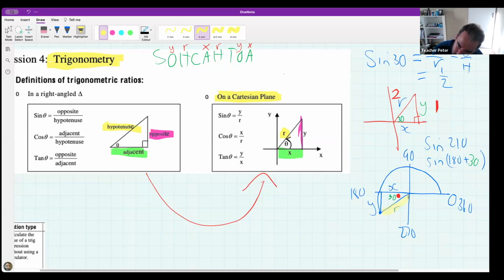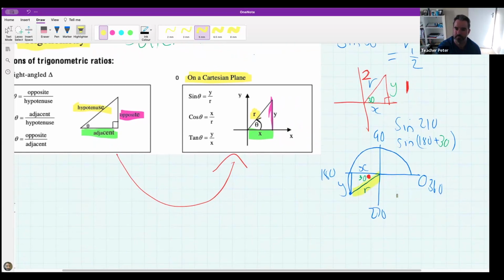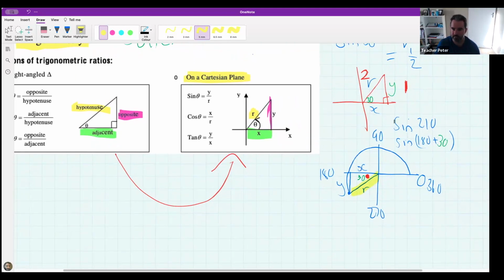But what can you tell me about x and y? Are they going to be positive or negative based on their position in the triangle? For 210. So both this x is going to be negative. So this is actually going to be negative x because of its position. And this is going to be negative y because of this quadrant.